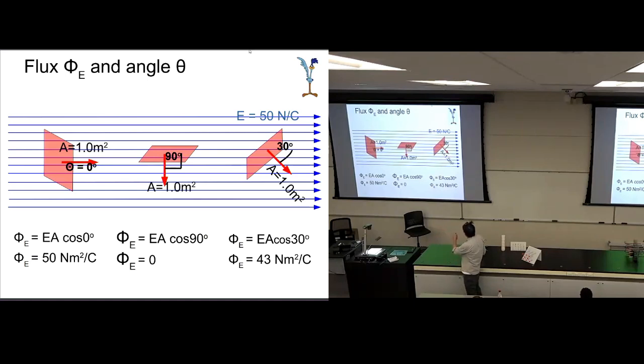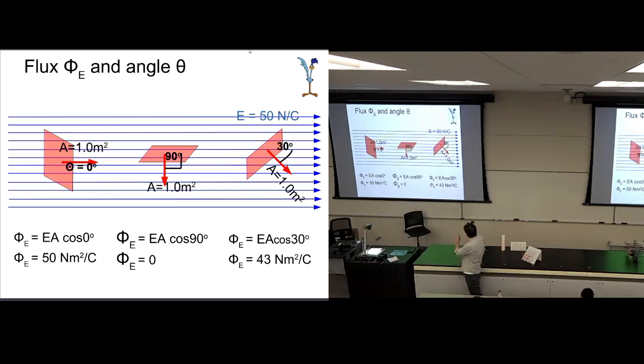What about the one on the right? What's the flux through that surface? Well, the one on the right is neither simply vertical nor simply horizontal. It's got some angle with respect to the electrical field. And we'll talk about the calculation in a moment. But let's first of all just count how many field lines pass through that surface.